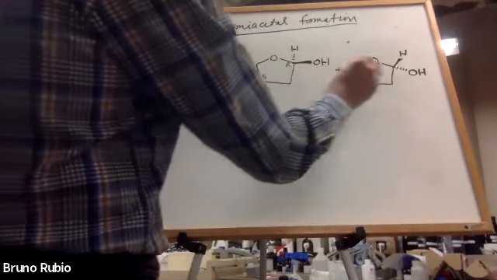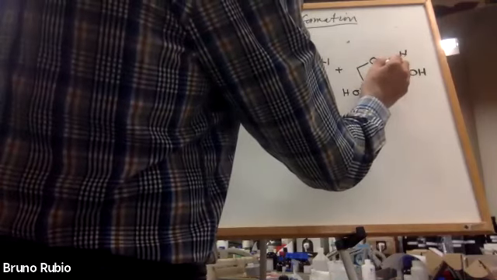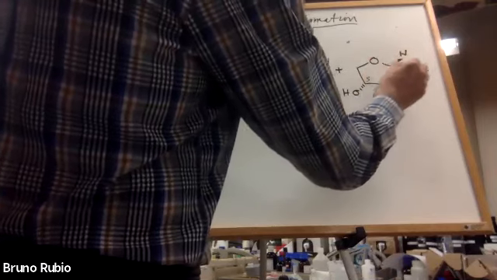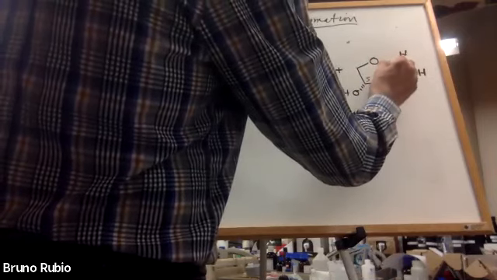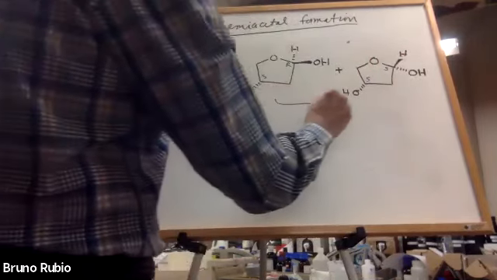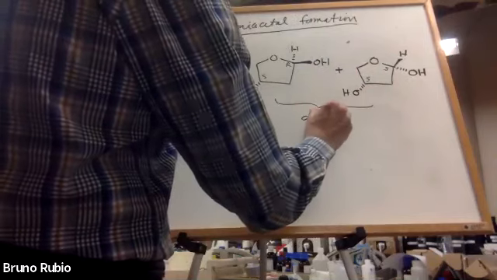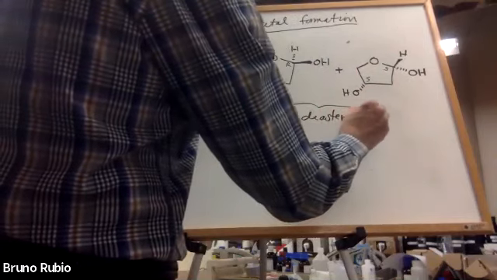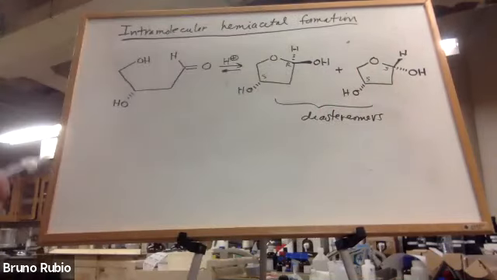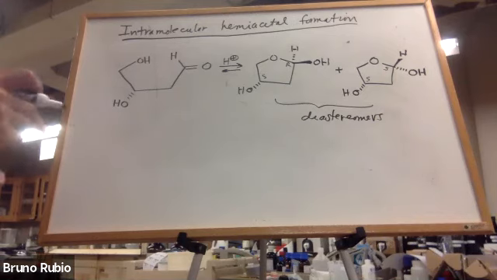That's R. This is 1, 2, 3, reverse. That's S. See, these guys are diastereomers that formed as a result of this intramolecular hemiacetal.